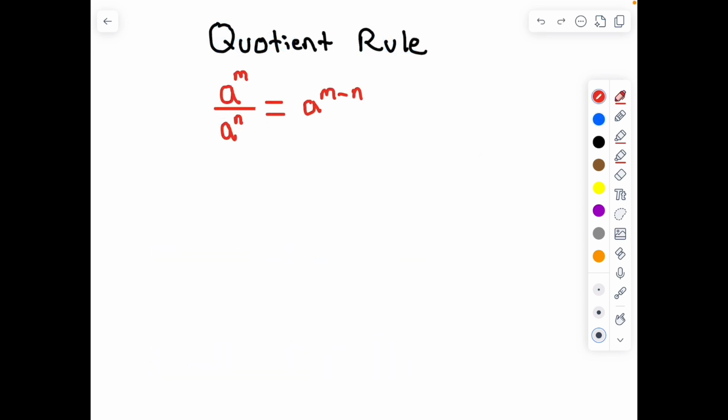Now for the quotient rule, when you're dividing two powers by the same base, you subtract the exponents. So in this case, a again is the base, any number or variable, and m and n are the exponents. You're basically canceling out repeated multiplication from the top and bottom, so you subtract.